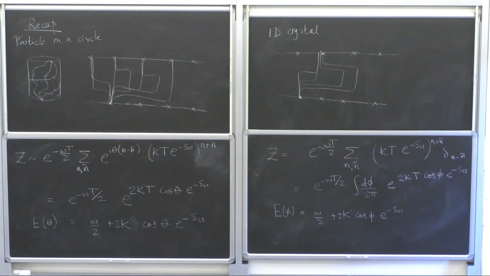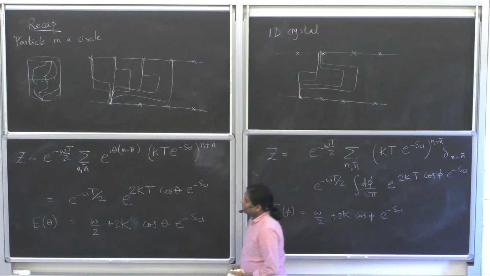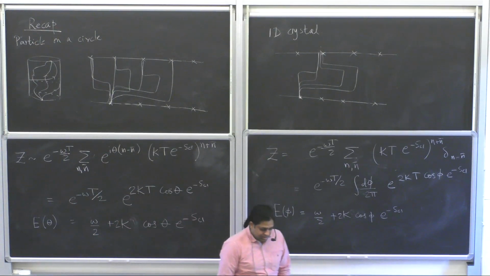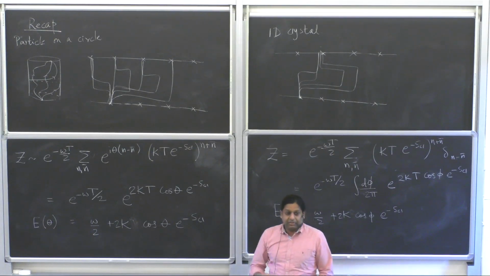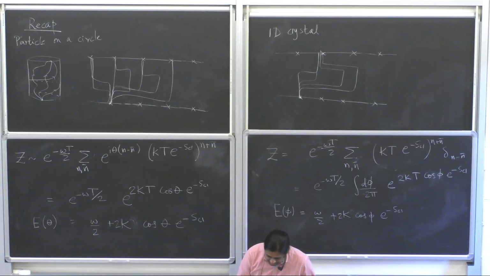So what I wanted to finish off, still in the context of the quantum mechanics of the theta angle, is to show you that the system that we've been studying, the particle on a circle, actually shows up as the effective system for gauge theories with the theta angle, like the theta angle in QCD.